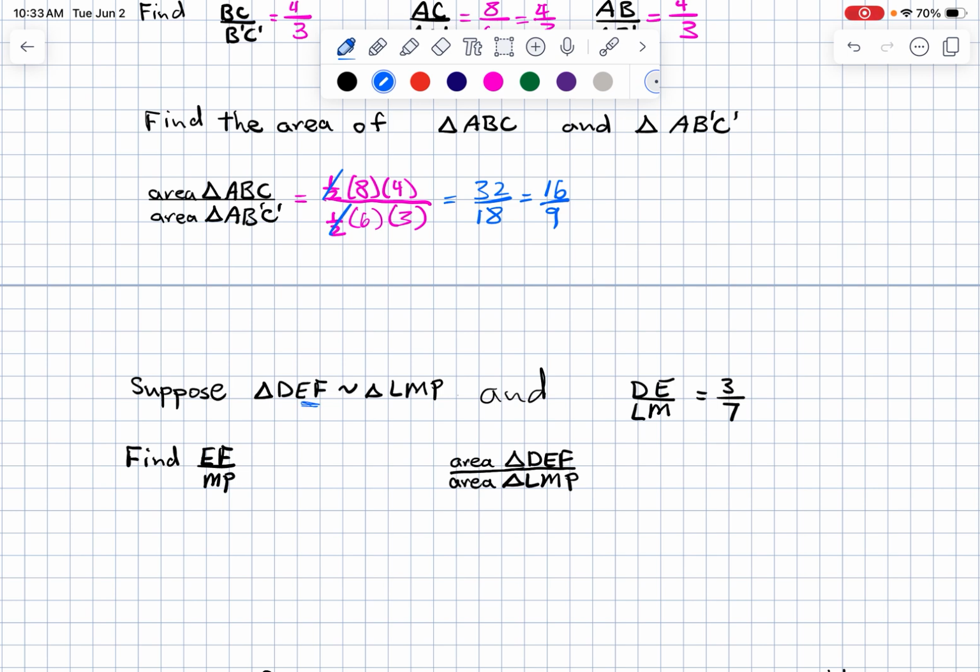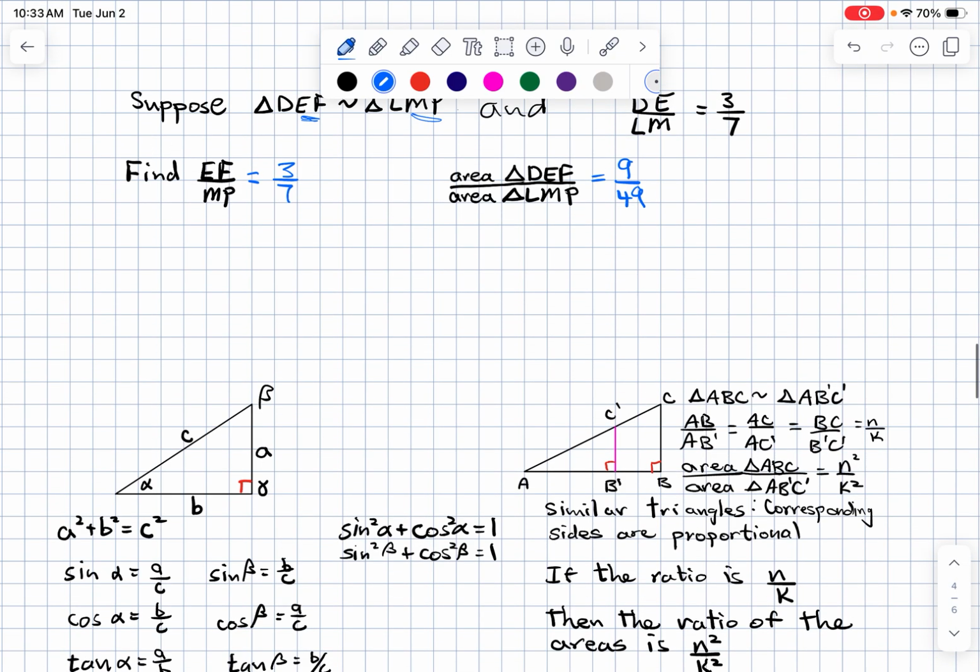EF divided by MP. Corresponding sides again. Well, that's going to be 3/7. What about the ratio of the areas? 9/49. See, we just square them. And that's all there is to it.